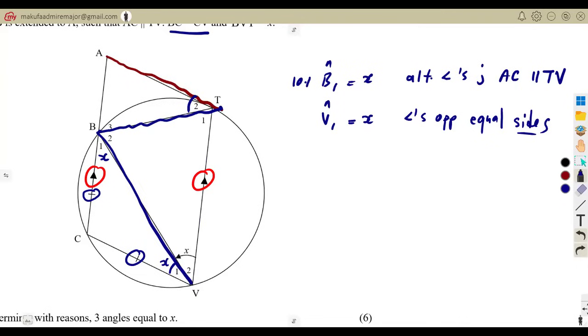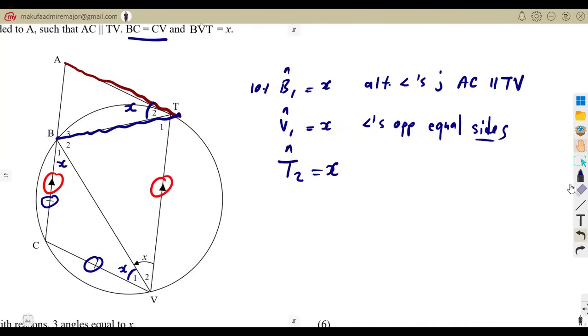So the angle X that we see is the same as the angle between the tangent and the chord. So angle T2 was also going to be equal to X. That's an angle between a tangent and a chord. So you can just write in short, tan chord theorem. Angle between a tangent and a chord is equal to the angle in the opposite segment. So that's your tan chord theorem.